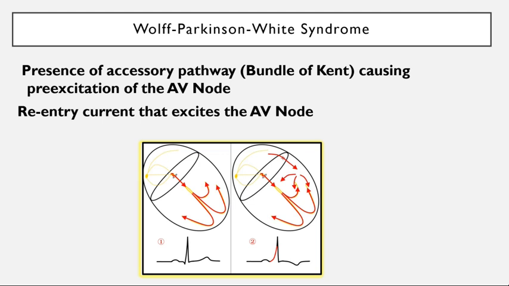Anyway, what's going on here is that you have stimulation of the SA node. It goes down to the AV node, and the AV node is supposed to just disperse out and contract the ventricle.